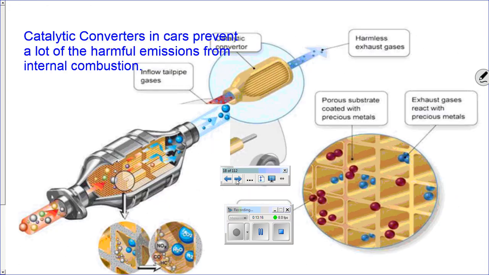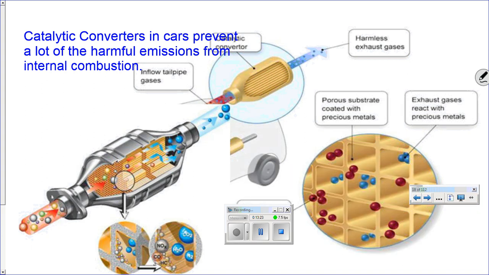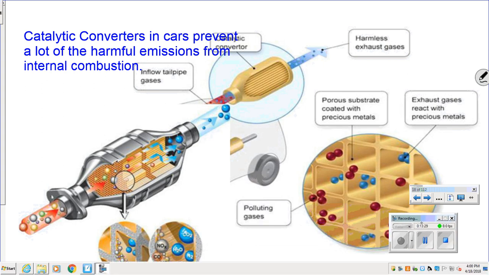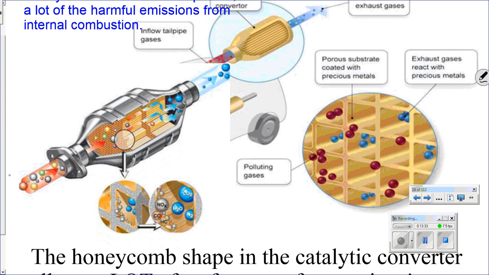So to give you a couple quick examples of some ways that catalysis happens, you have a catalytic converter in your car. And this basically helps combustion happen in a way that prevents certain environmental toxins from getting out into the air as easily. So you have actually precious metals that are involved in doing this.